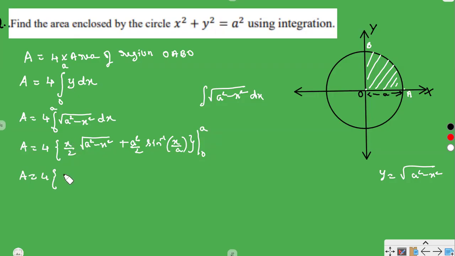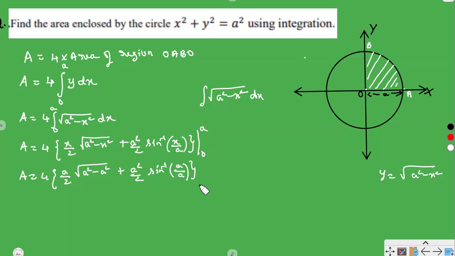So wherever you find x, put a. x is a, a square by 2 sine inverse a by a. We have applied the upper limit.